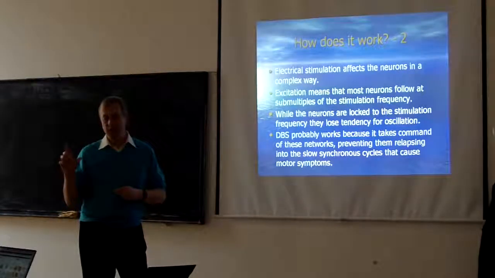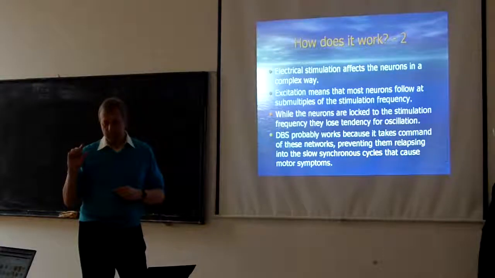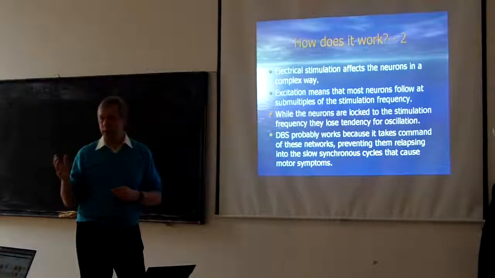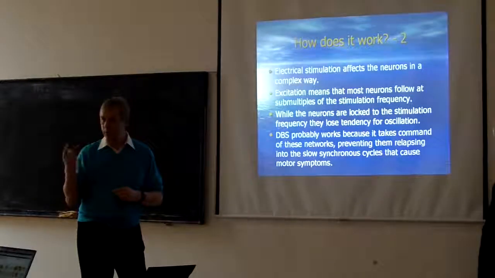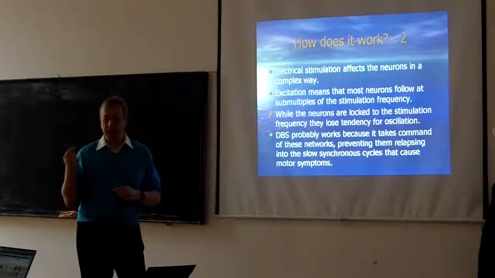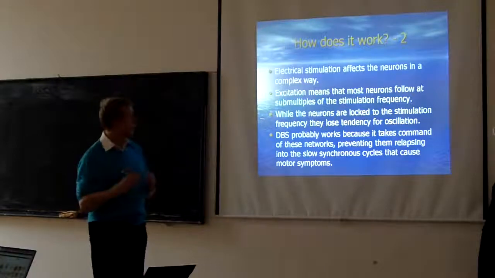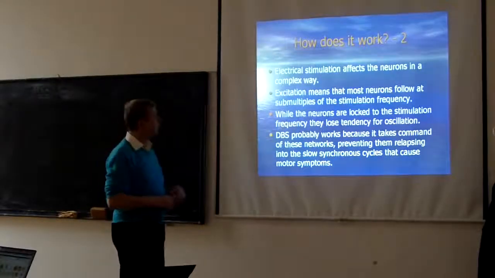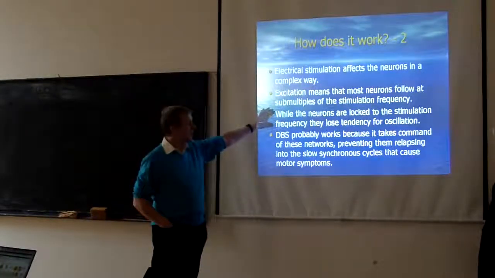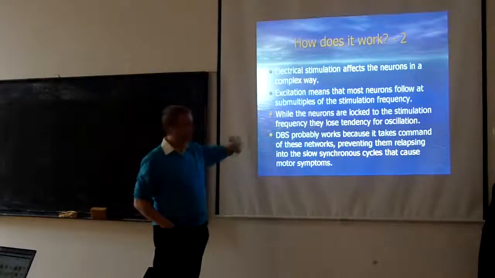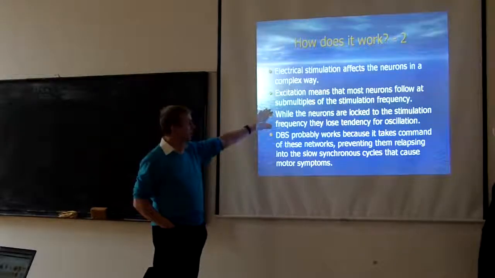Some surgeons you talk to describe the stimulation as having the same effect as a lobotomy. It's cutting out the interaction of part of the brain, so it's doing the same thing, but the main thing is losing the tendency for oscillation in there.